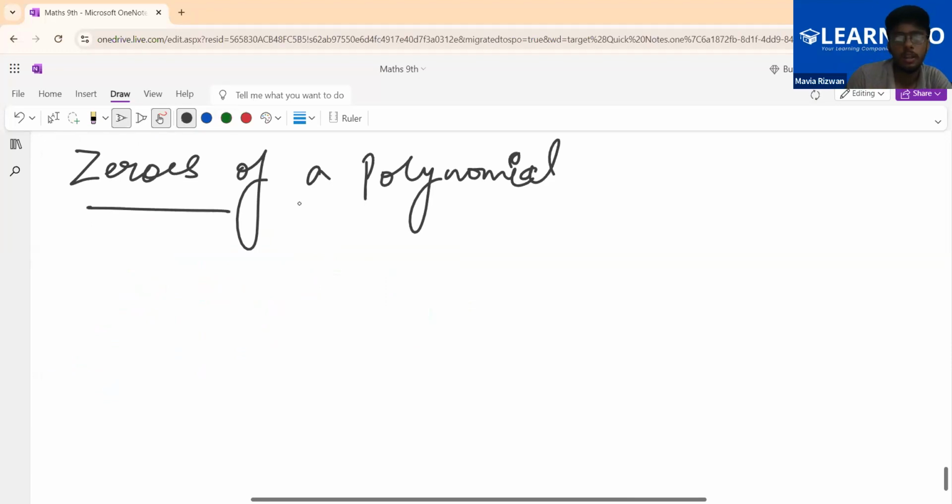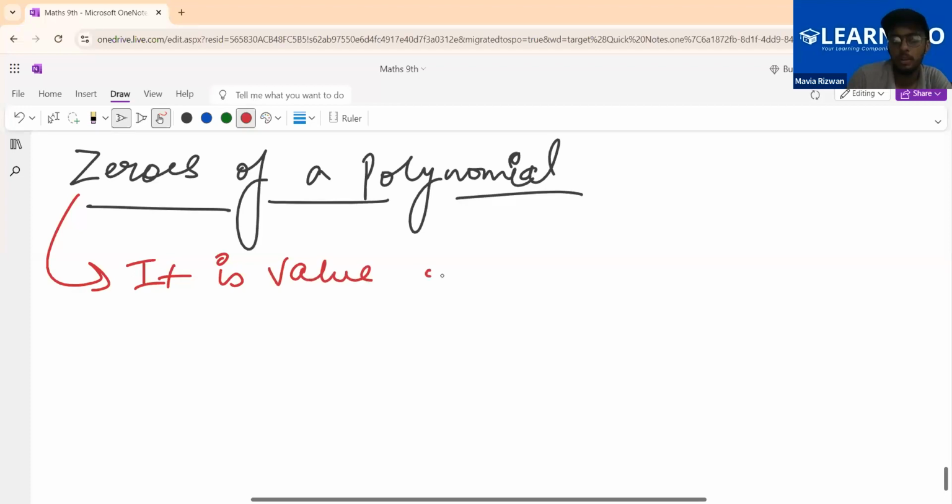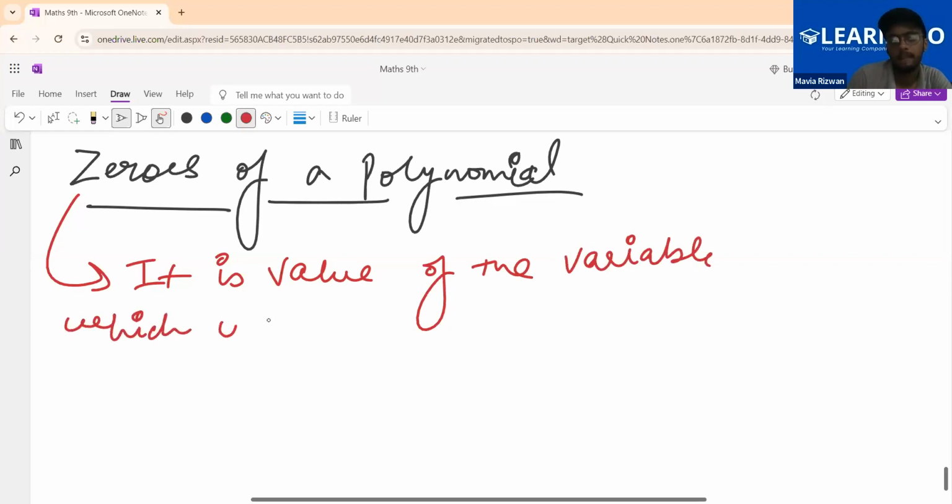So zeros of a polynomial is the value of the variable which will satisfy the equation.